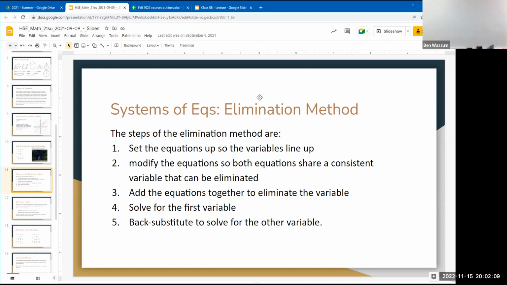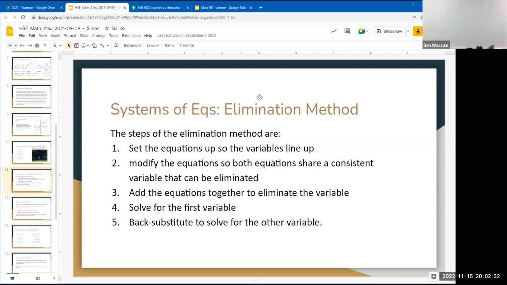For the elimination method, you can call it the addition method or the elimination method. It's called both because the idea is that you're going to add the two equations together and that will eliminate one of your variables. You set the equations so the variables line up.